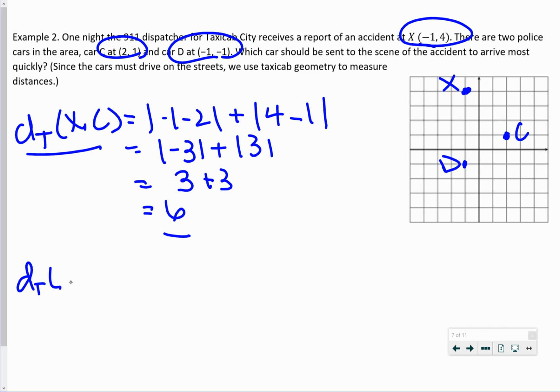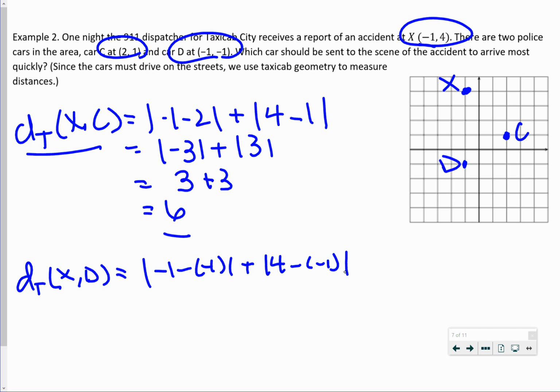Let's find the distance from the accident to car D now. Same setup here: the absolute value of -1 minus -1 plus the absolute value of 4 minus -1.